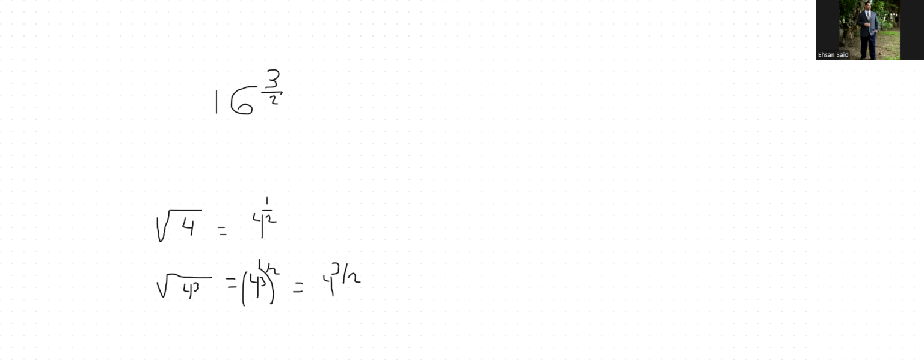So let's go back here. So here we have 16 to the 3/2 power. Now let me write this like that. I'm going to write 16, okay, to the half power. Okay, because this 3/2, you see this 3/2 here?